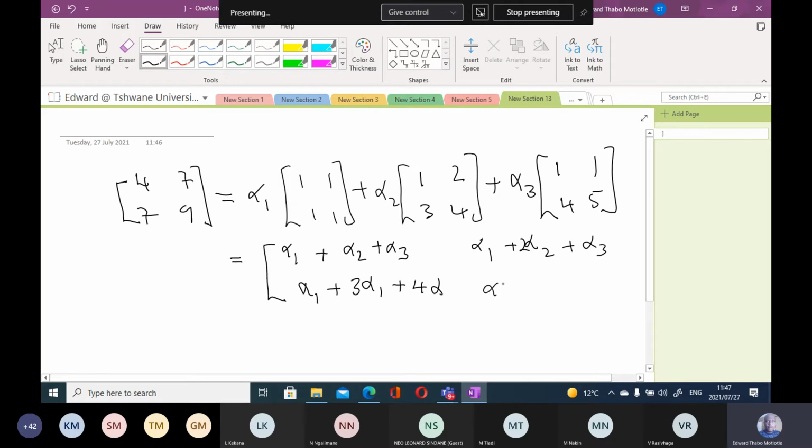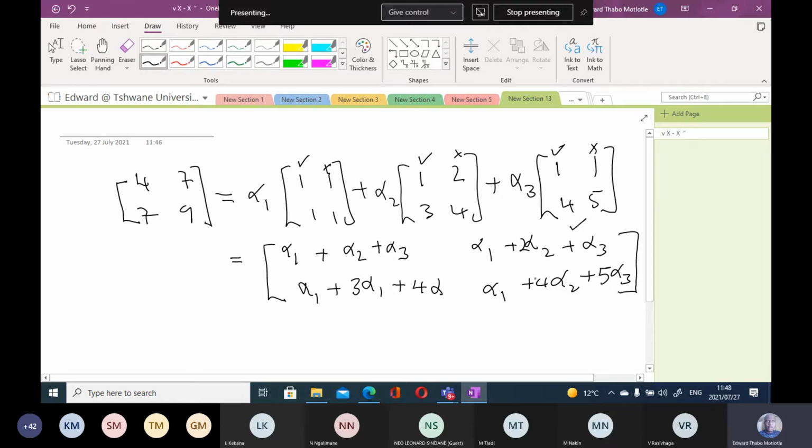And we have alpha 1 plus 4 alpha 2 plus 5 alpha 3. You can clearly see that for the first one I just added: this is 1, that 1, and that 1, so it's alpha 1, alpha 2, alpha 3. The next one will be this one, alpha 1, 2 alpha 2 plus alpha 3. That's how I got that one.